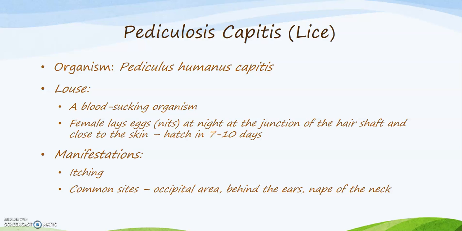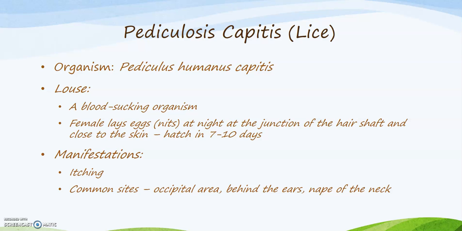Another type of integumentary dysfunction is pediculosis capitis, commonly known as lice, and this is caused by the Pediculus humanus capitis, and essentially they are these tiny little white flecks that we see in the hair.